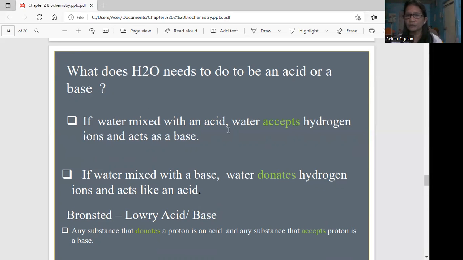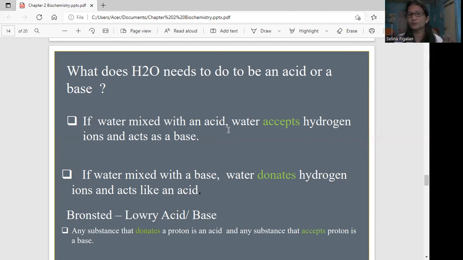Alalahanin niyo that the water is neutral. Okay, example, ang gastric juice. If this gastric juice or hydrochloric acid is mixed with water, okay, the water acts as a base. Why? Because this water accepts hydrogen from hydrochloric acid.